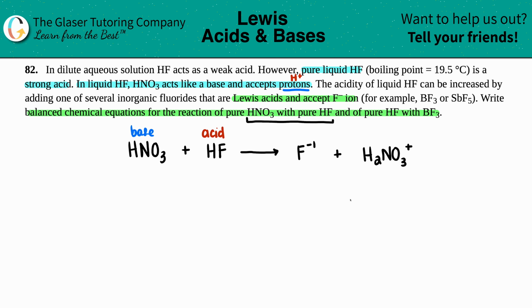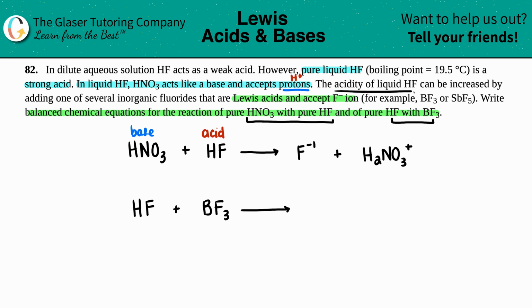Okay, now we just have to do the other one. Now we need to react pure HF with BF3. So I'm doing it again. I'm going to say HF plus BF3. But now we've got to figure out what's going on here. Where in the reading did it tell us?